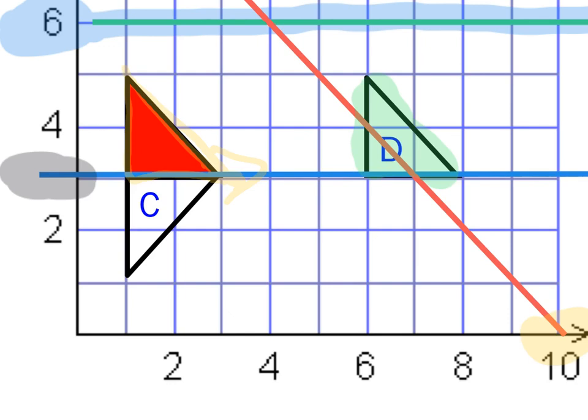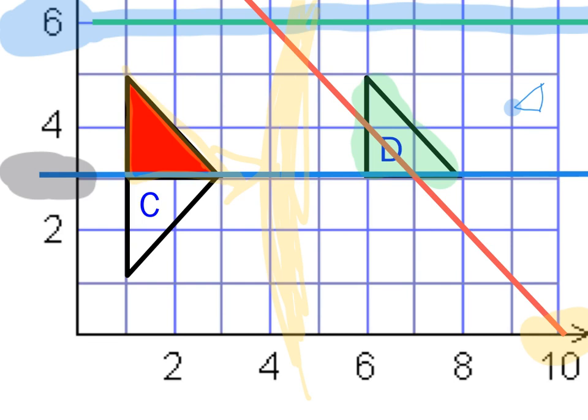If we had a line that came down like this, and we reflected the red triangle through that line, then the resulting triangle would not point to the right, it would point to the left.